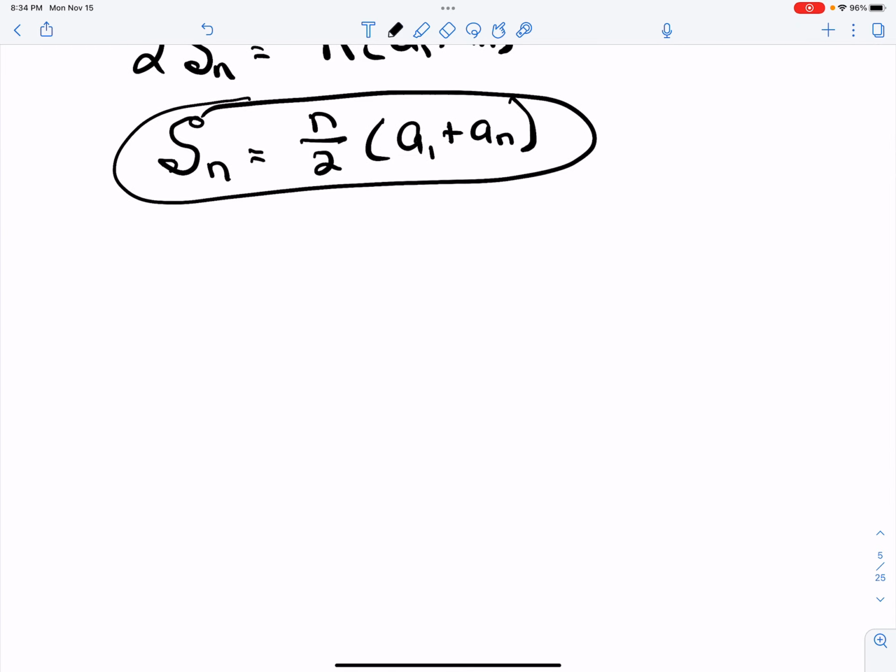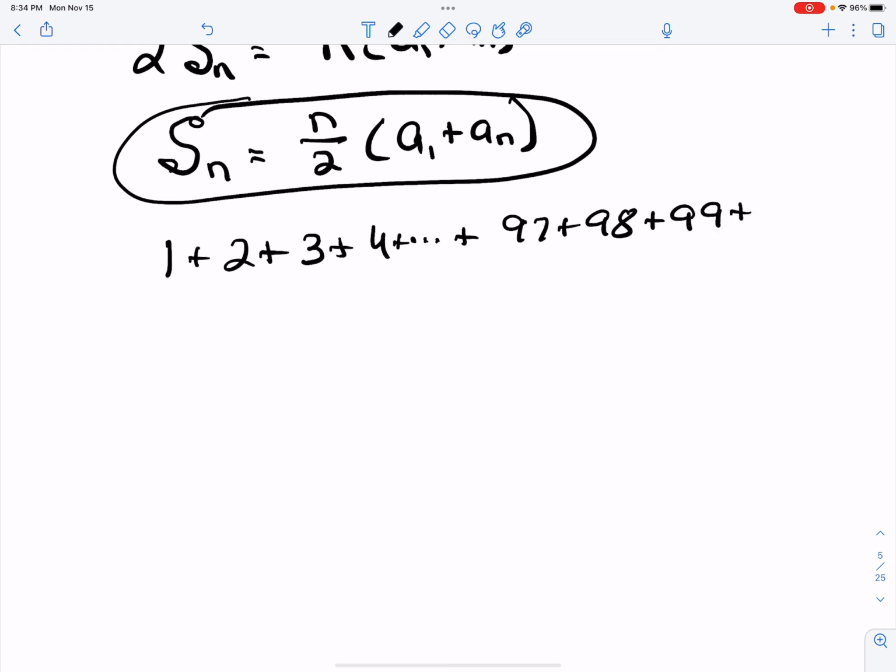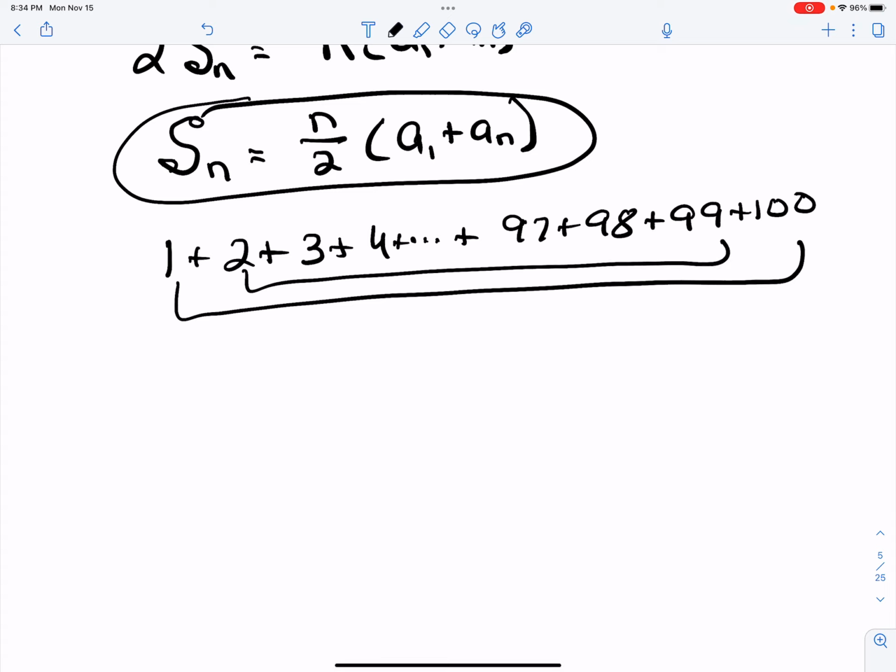In the previous video, I had mentioned Carl Friedrich Gauss. He was the precocious, very bright young math student who could add the numbers 1 to 100 very quickly in his head, much to the frustration of his teacher, as he was not kept occupied very long. I don't know what she ended up doing to get him occupied again. But remember, his little trick was to take all 100 numbers and pair them up.